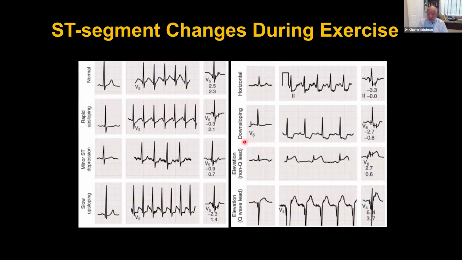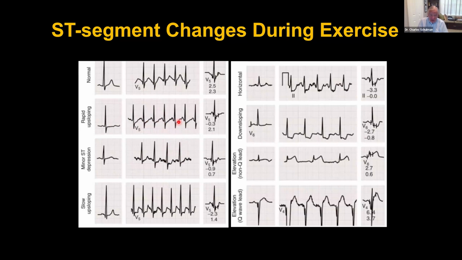Now, turning to another cause of ST depressions, we'll look at the ST changes during a stress test. So this would be normal. This is probably normal: rapid upslope and minor ST depression that, if these disappear within a minute, are probably non-significant.